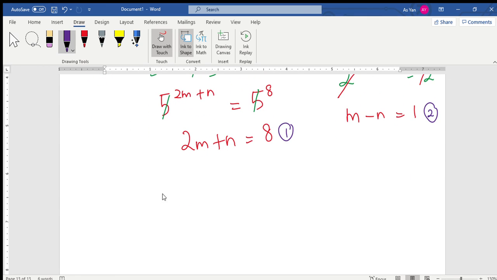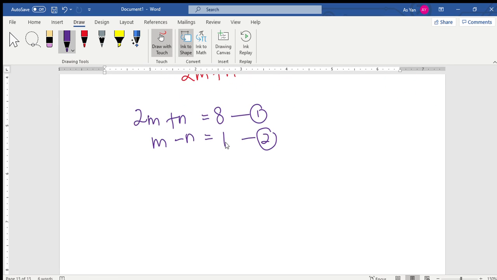Looking here, in equation number 1 we have n, and in equation number 2 we have negative n, so this n can be eliminated.